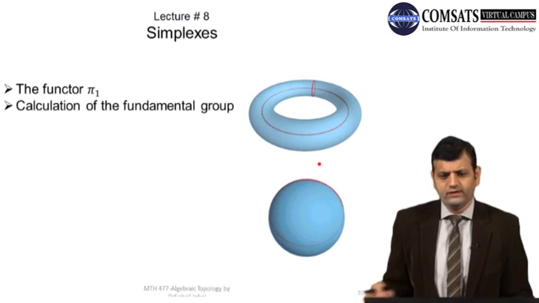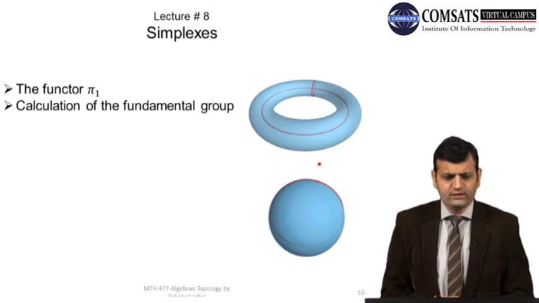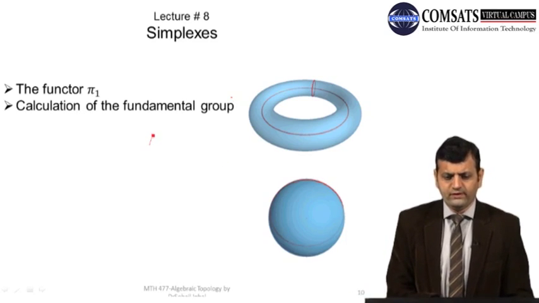Moving further on to lecture number 8, we defined the functor pi 1. Of course, this is the functor related to the fundamental group. Then we discussed some techniques for calculating the fundamental group. For example, we calculated the fundamental group of Sn where n is greater than or equal to 2, and we proved that it is trivial.